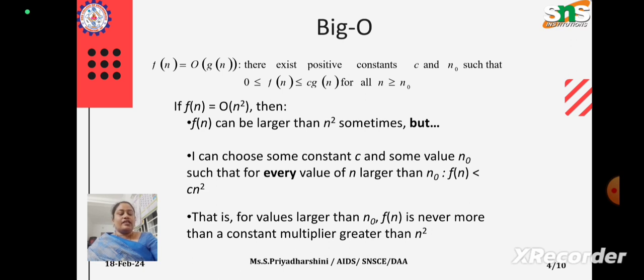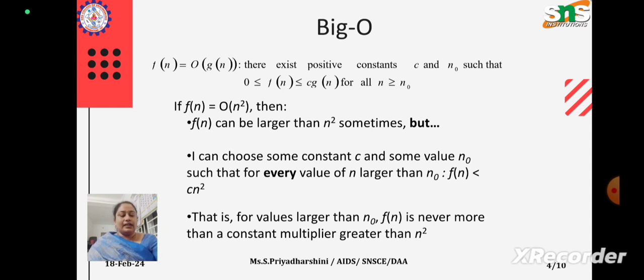If we discuss this with an example, then it will be more clear for you. Let's say I have a problem, any algorithm, and to solve it the total time I took was 2n square plus n. So the total time, that is f of n, is equal to 2n square plus n. Now if I have to represent f of n in terms of order notation, f of n is equal to order of what?